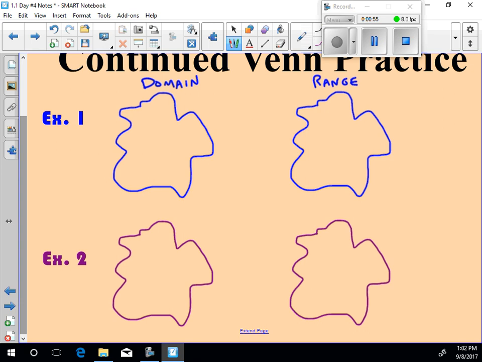Some kind of output, right? And what happens in between the two we call, in some cases, a function. But it's not always a function, and you're probably thinking, vertical line test.